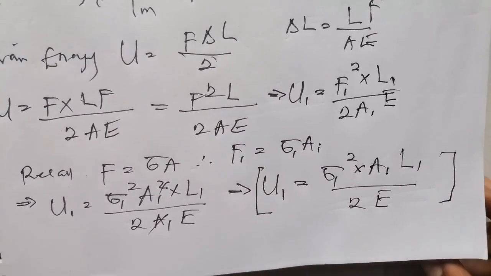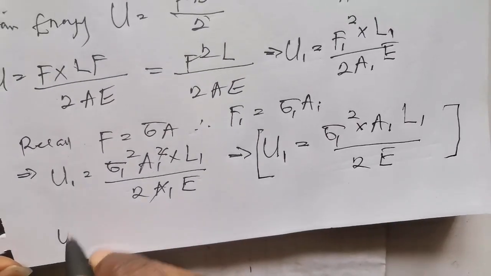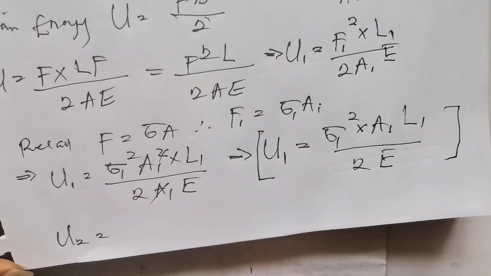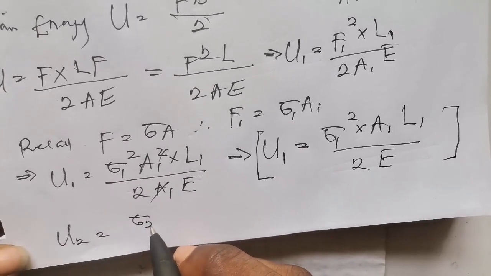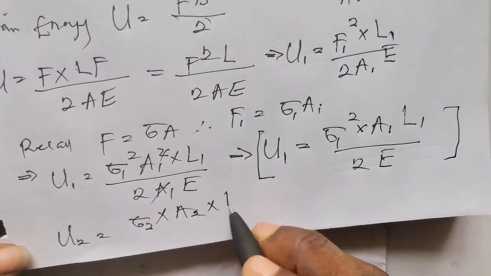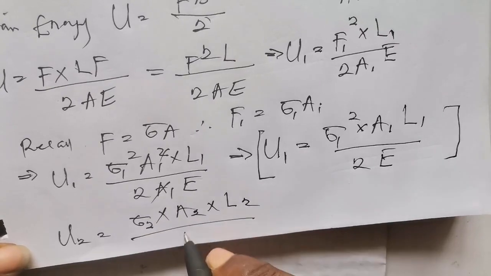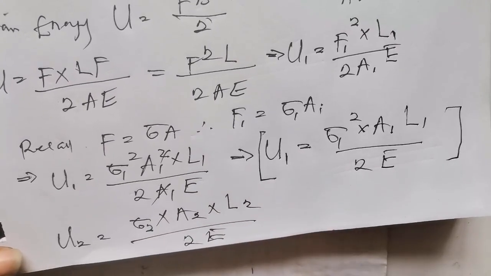It means for the second bar, the strain energy U2 is going to also be stress 2 times area 2 times length 2, all over 2 times Young's modulus. Young's modulus is a constant parameter.